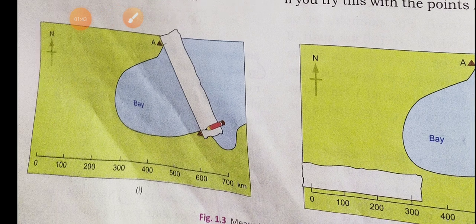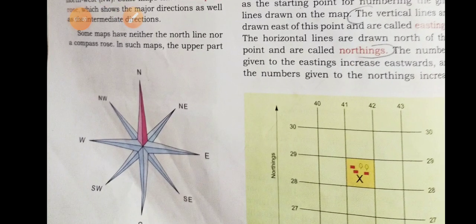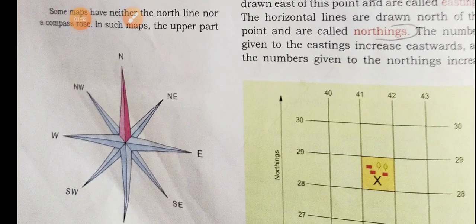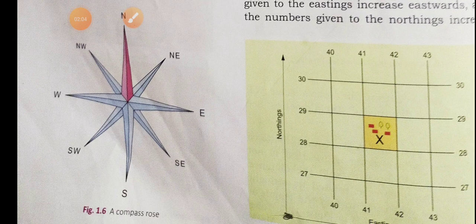And the next important point we have to cover, that is the directions. In this picture you can see a compass rose, right? Here in the upper part we will consider as north, and the downside it is south, and the right side east, left side west.